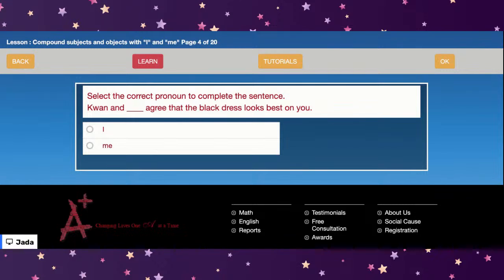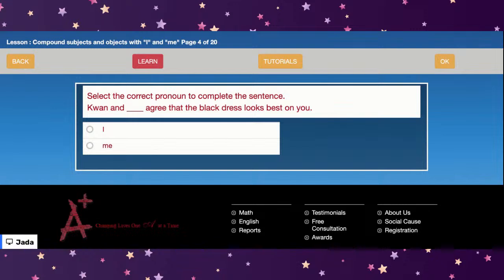Kenan and Dash agree that the black dress looked best on me. So is it "and I," or "and me"? You can say I, because if you say "I agree that the black dress looks best on you," that's perfect.